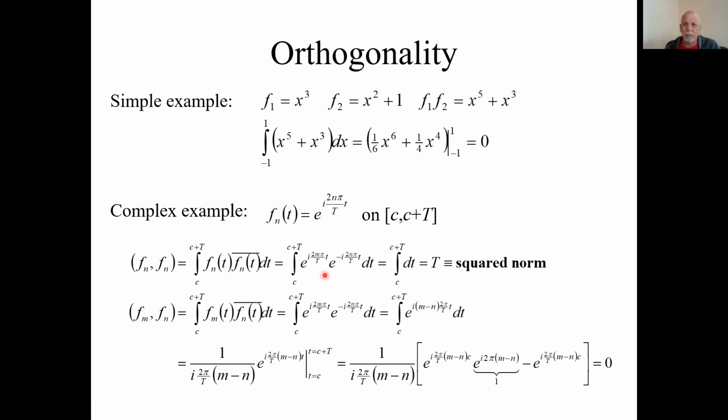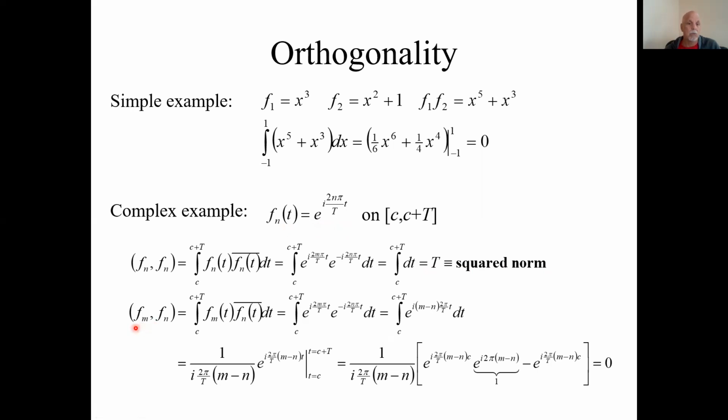When you multiply these together, you add the exponents. So this is just e to the 0, which is 1. Integrate 1 from c to c plus T, you just get capital T. That is the squared norm of any of these functions, regardless of what n is.